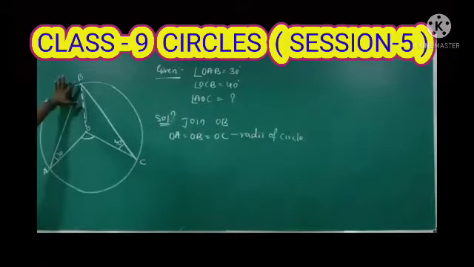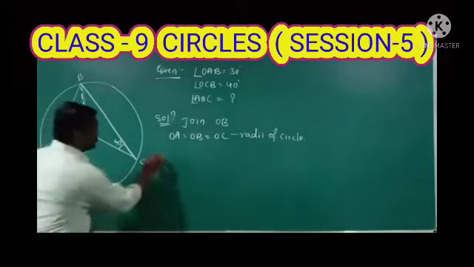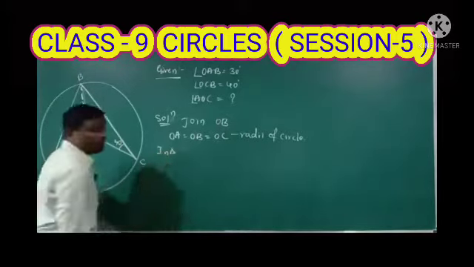Let's come to the next concept. When we join OB, we get two triangles. What are the two triangles here? First, triangle OAB, and second, triangle OBC. Take any one triangle.